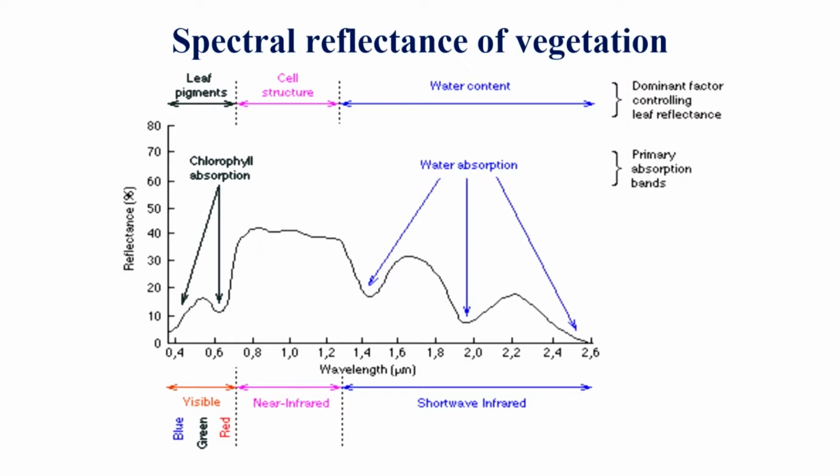Now these are crucial regions for vegetation. Because of the water in the leaf, the water content, there is an absorption. They absorb the radiation. If it is a stressed leaf, that absorption will not be there, and the reflection pattern would be straight in nature. So if I have data of those wavelengths, I can study whether it's a stressed plant or a healthy plant.